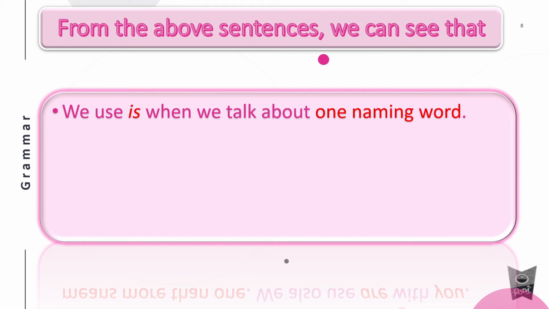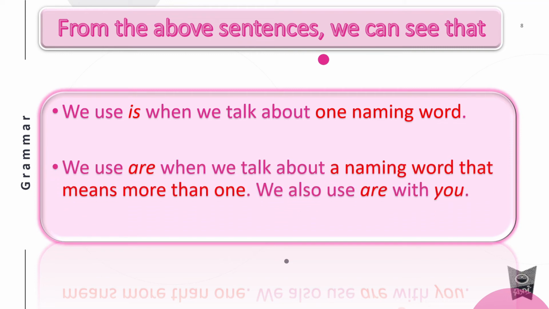Is. Okay, understood? When we are talking about one naming word, what do we use? Is. Okay, and we use are when we are talking about a naming word that means more than one.